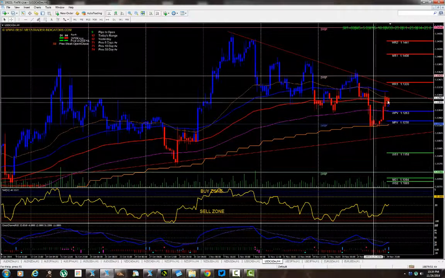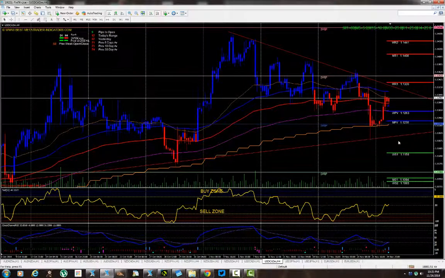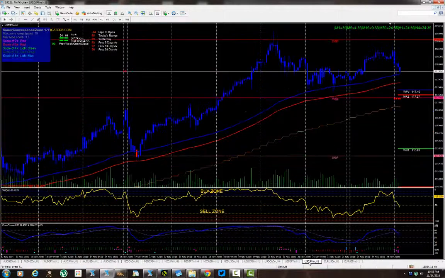Let's see. So we currently have 120 pips inside the triangle. So maybe one more possible trade off of it if we don't break, but at that point it's getting a little bit too close to the point for comfort, even with 5 minute signals, at least for me.